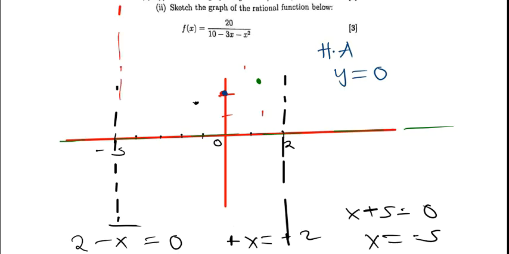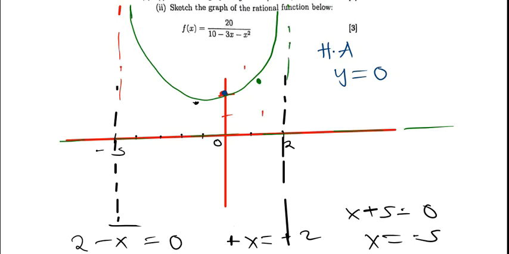So there's no literal need to overdo it, so you can just approximate. So it's going to be like this, because it can't cut the asymptotes.